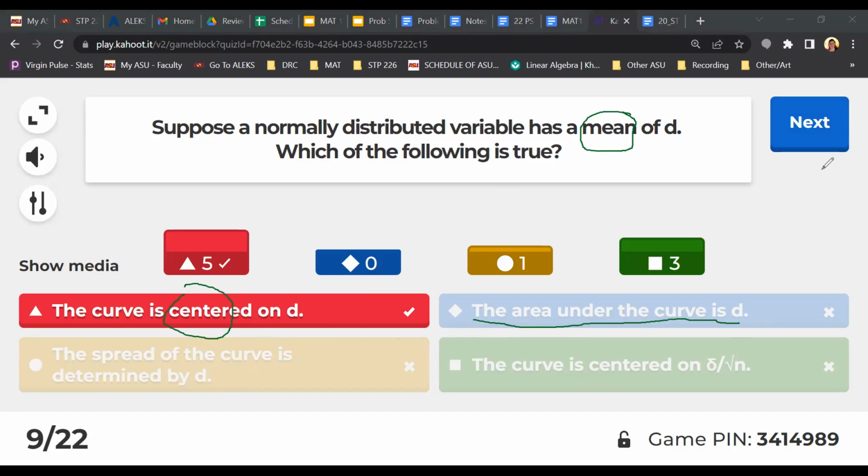Oh, got something in the chat. Correct, Avalon. It is 1. The area under the curve, no matter what, is always 1. The curve is centered on, no, that's for standard deviation, right? The spread of the curve is determined by what?